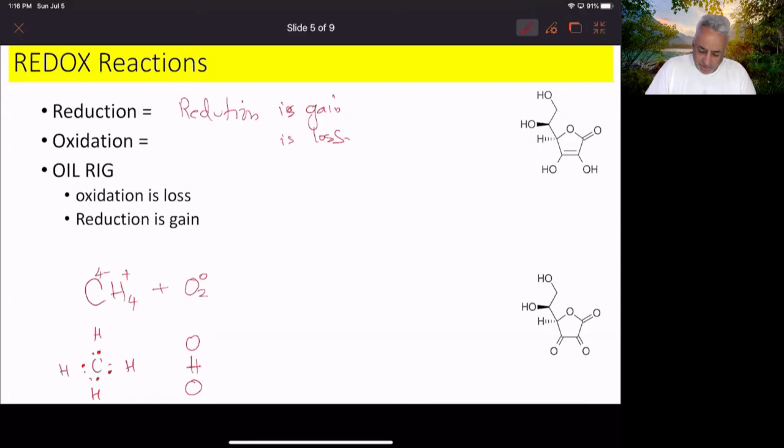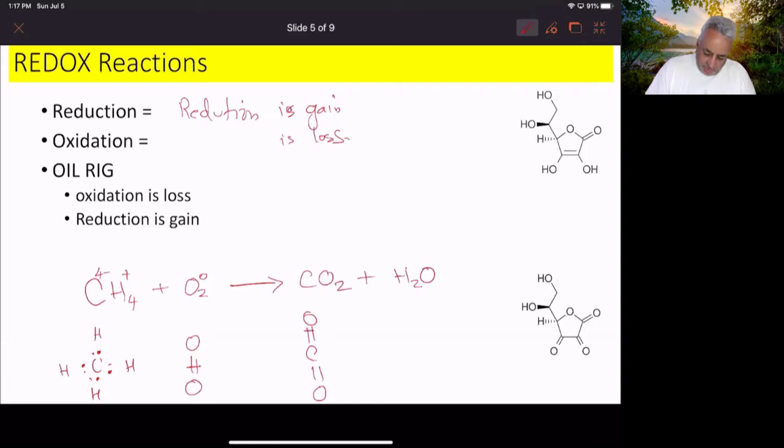And then during the reaction, we form carbon dioxide and water. So now let's look at the electronegativity of carbon. So carbon dioxide is a molecule that looks like this. And oxygen has a much more electronegativity than carbon does.